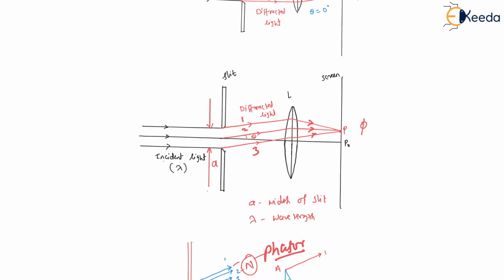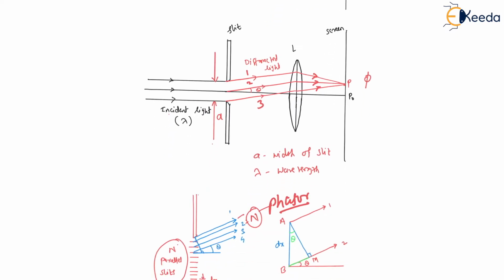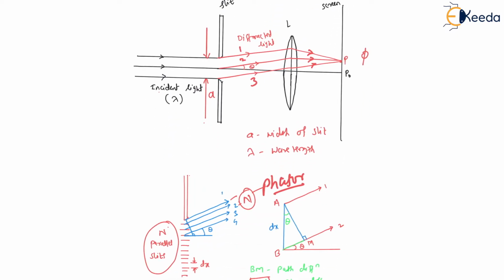Again this lens will converge all the light rays at point P, and as I said, in this case there will not be a zero path difference; there will be a path difference. To find out that path difference, we simply divide the whole slit width into n number of parallel slits, small n, of slit width dx.